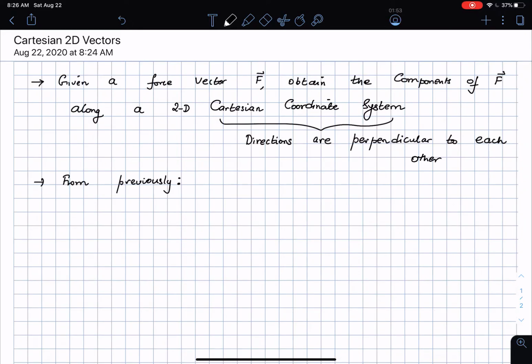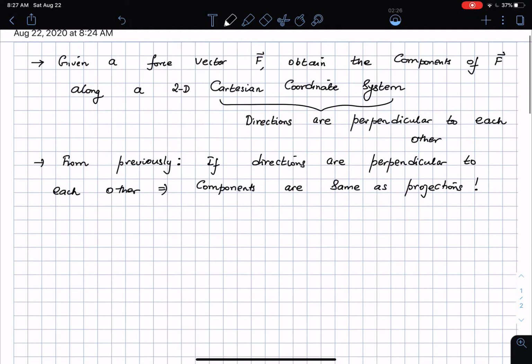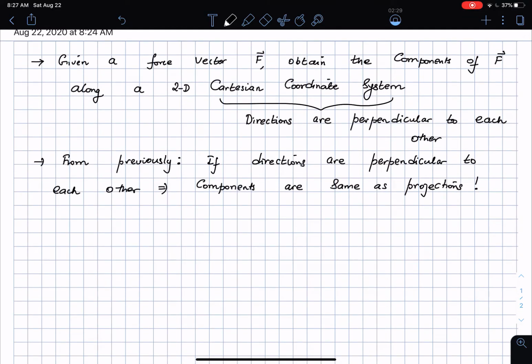Okay, from previously, if directions are perpendicular to each other, then the components are the same as the projections, which means that in a Cartesian coordinate frame, the components are the same as the projections.